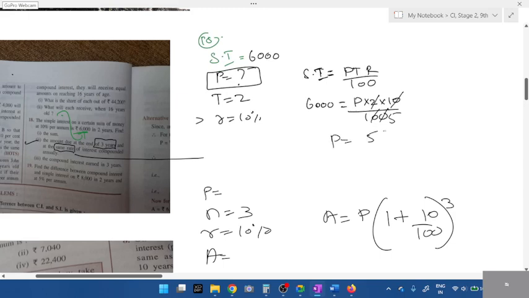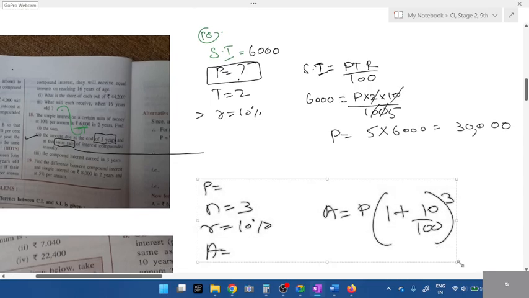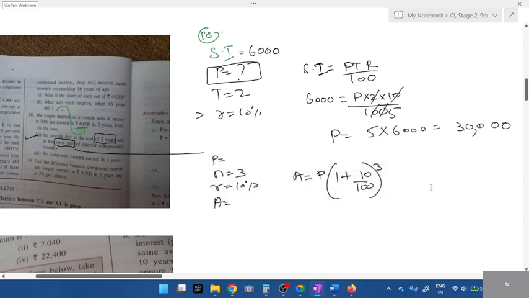What is principal? So you'll get questions like this, students, where you have to use simple interest and convert into compound interest.